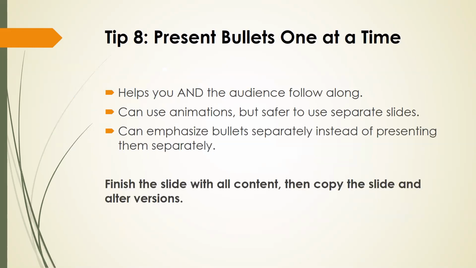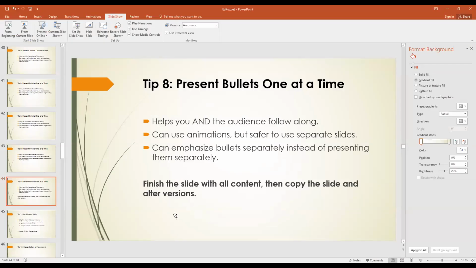What you want to do is create your slide with all of the information on it, and then make copies of that slide. So escape here, okay. If you look over here, you'll see that for this slide, I have multiple different copies of it.